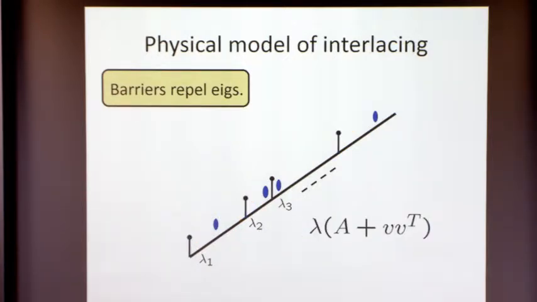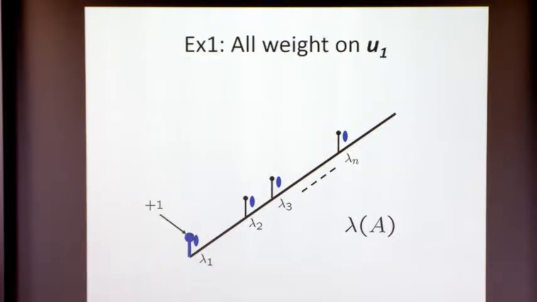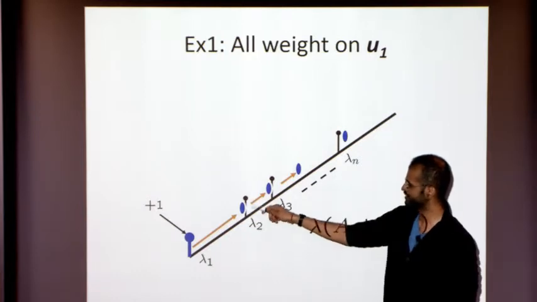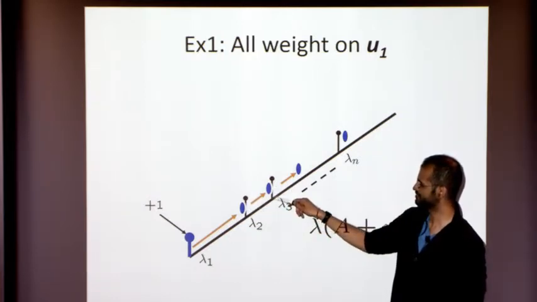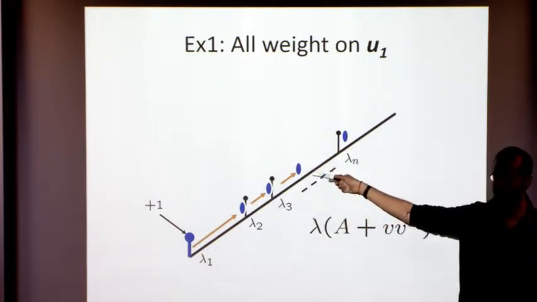So just to get you used to this way of thinking, let me show you some examples. So in the first example, let's say I add a vector which is just a multiple of the first eigenvector. All right. So then what happens is something that looks like this. This thing has a lot of charge, so it pushes this guy up and it gets stuck here. It pushes this guy up, it gets stuck here. And it pushes this guy up, and it keeps doing this until somebody gets balanced out by gravity.